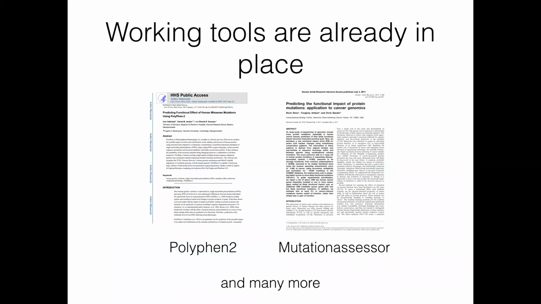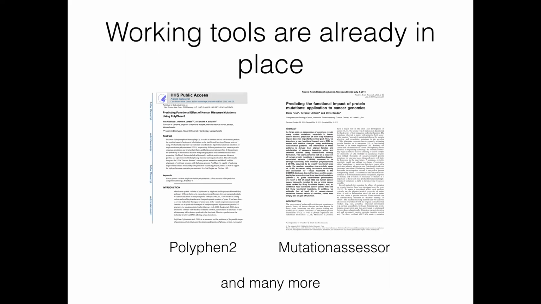Some working tools are already in place to assess variants with protein structures in a way or another. Two popular ones are PolyPhen-2 and Mutation Assessor, both of which use a three-dimensional structure. Mutation Assessor uses protein structure to a higher degree than PolyPhen-2, but there are many more tools that use protein structures in assessing variation in some way.